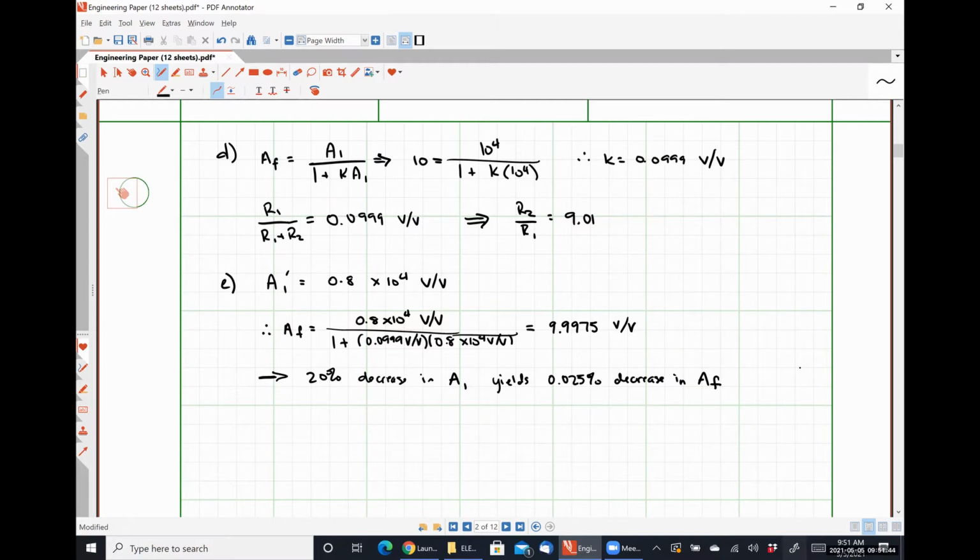Well, we're not applying the exact same amount of feedback, let me be clear there, because the value of A1 has changed, but we're definitely applying the exact same feedback factor because the resistor values haven't changed at all, right?